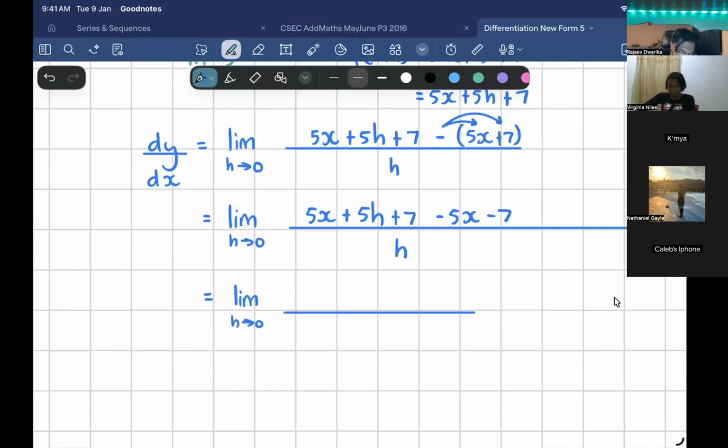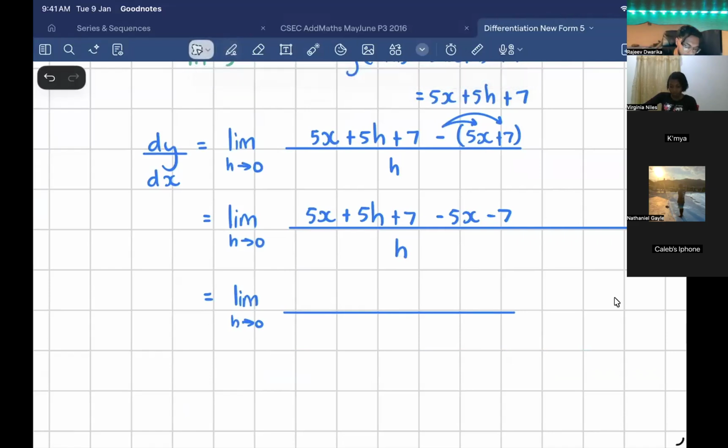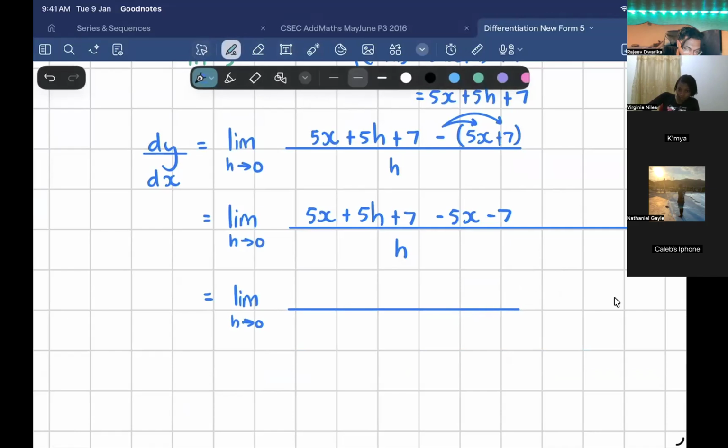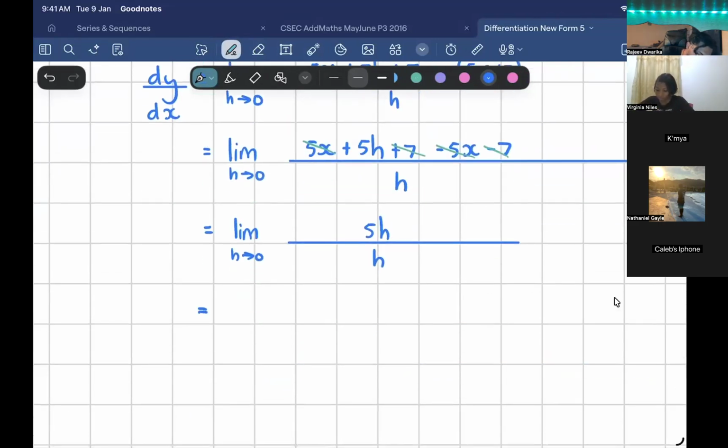Nathaniel, if I simplify the top, what happens? The 5x cancels out, the 7 cancels out, and you're left with 5h. I'm left with 5h over h. What's going to happen there? It's just 5.